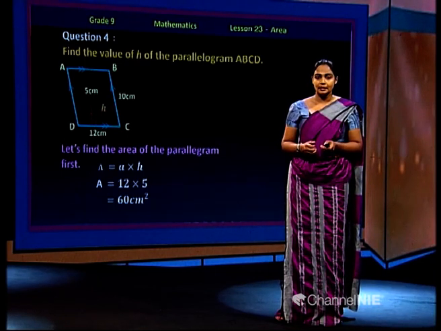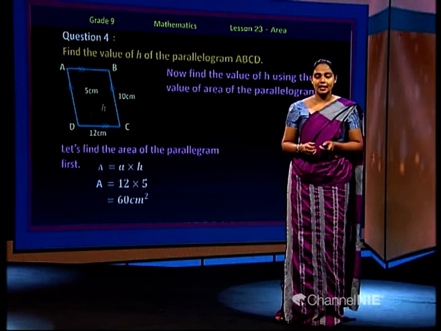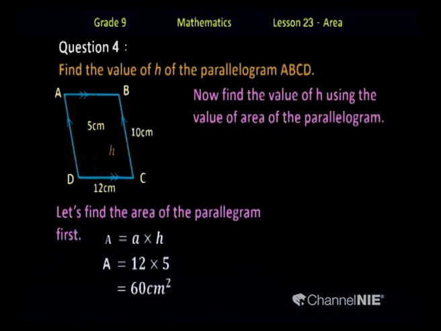Then it is substitution. Again we can find out the area of the parallelogram using base BC. If base is BC, what is the perpendicular height? It is denoted by simple h. Then area is 60.